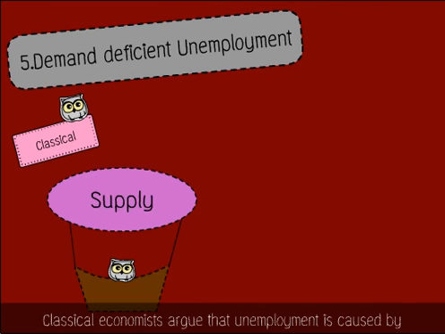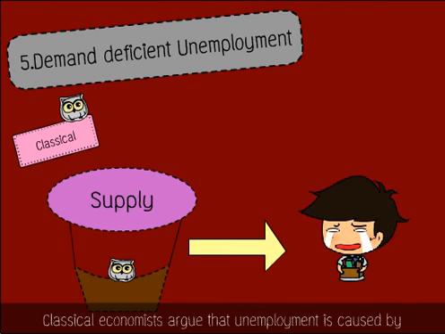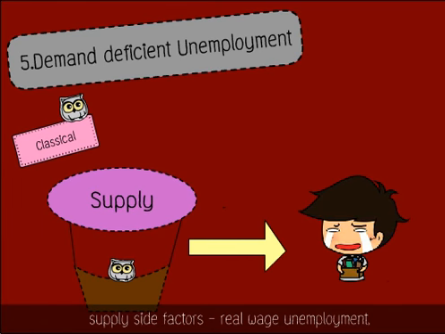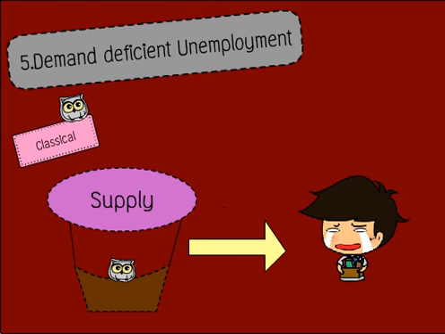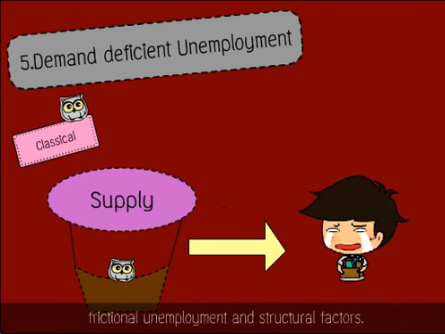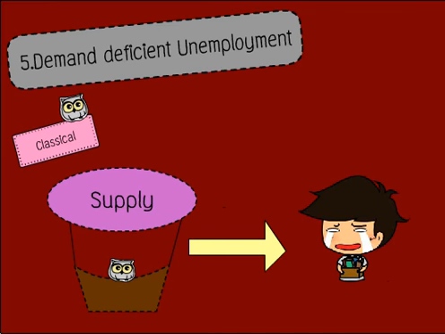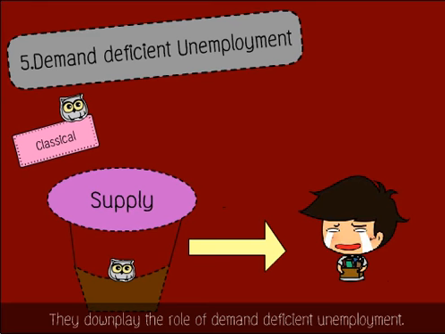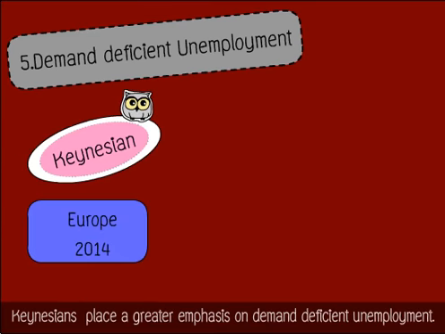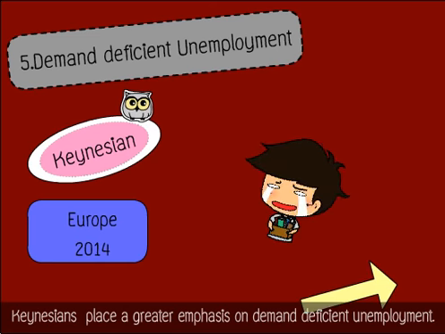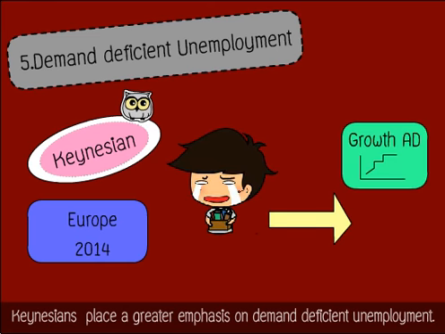Classical economists agree that unemployment is caused by supply-side factors: real wage unemployment, frictional unemployment, and structural factors. They downplay the role of demand-deficient unemployment. Keynesians placed a greater emphasis on demand-deficient unemployment.